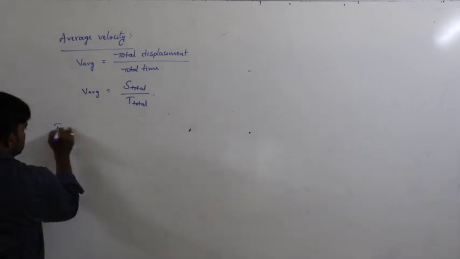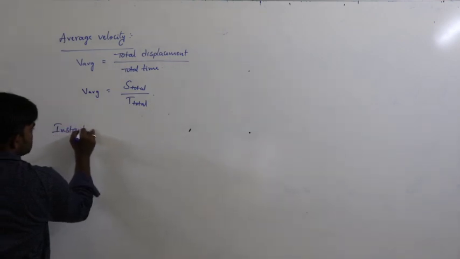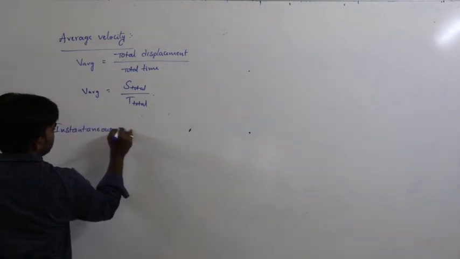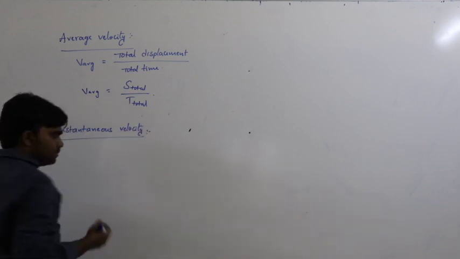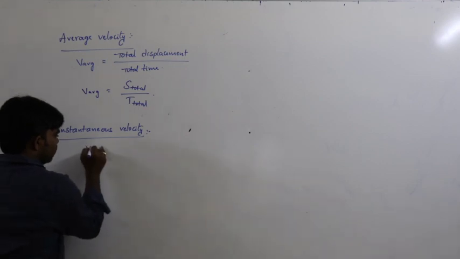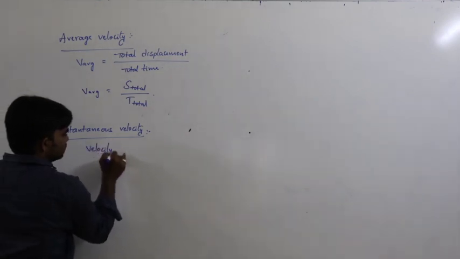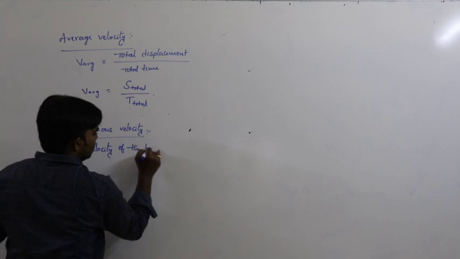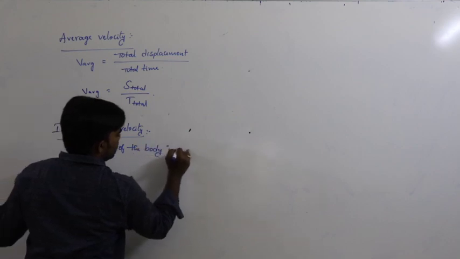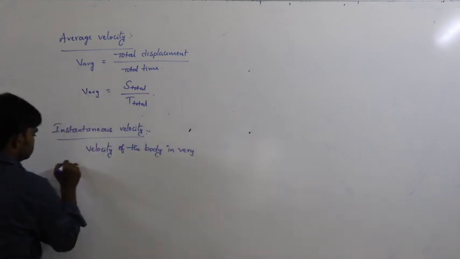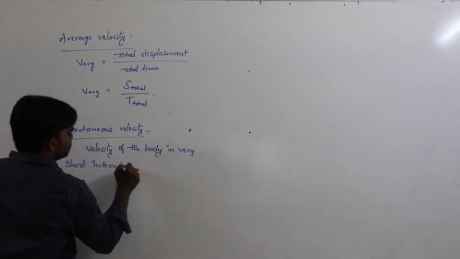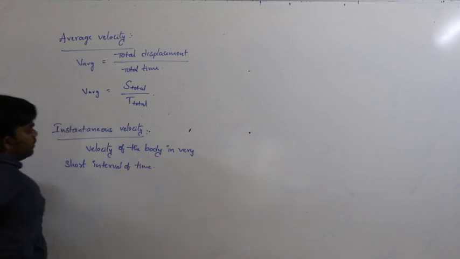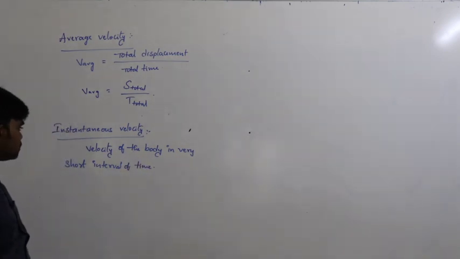Let us first discuss instantaneous velocity. What is instantaneous velocity? Similarly to speed, the velocity of the body in a very short interval of time is called instantaneous velocity.